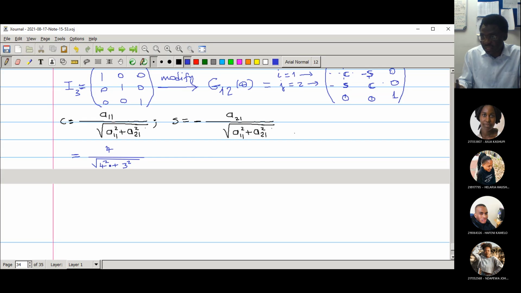So this is 16 plus 9, right? 16 plus 9, which is 25. Square root of 25 is 5, right?